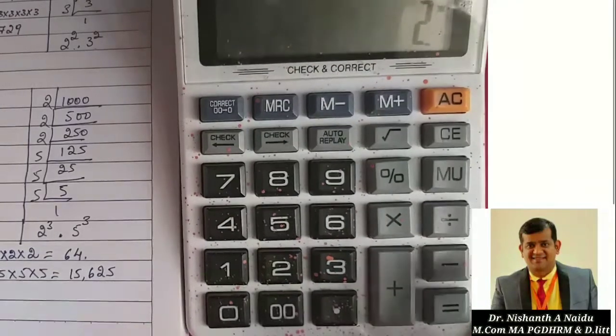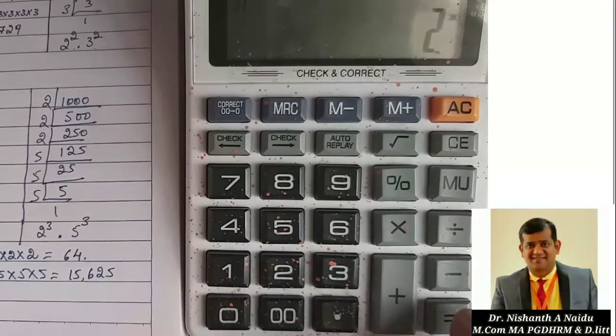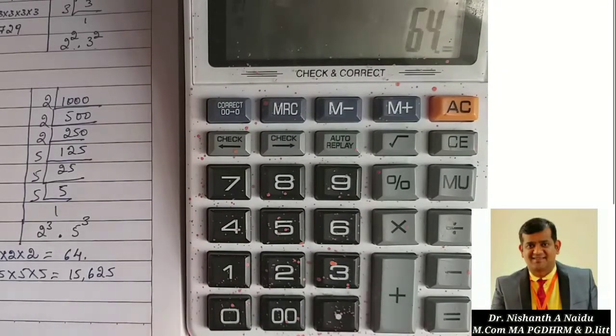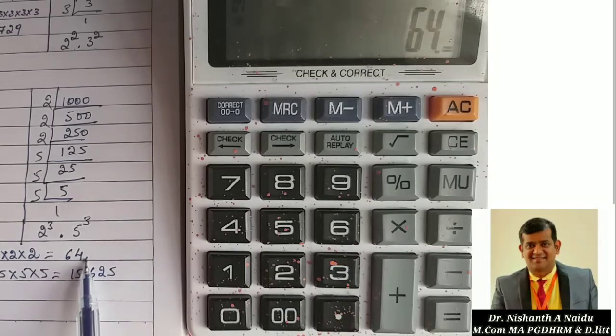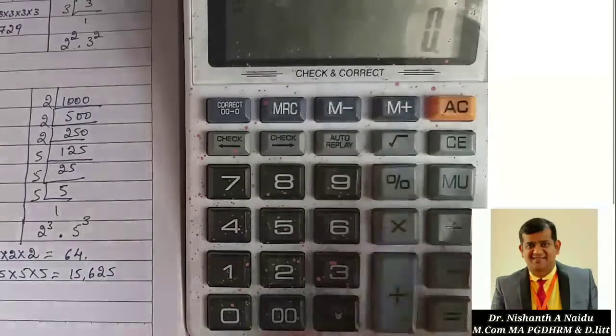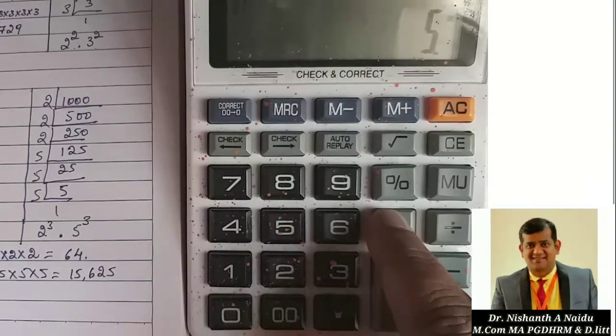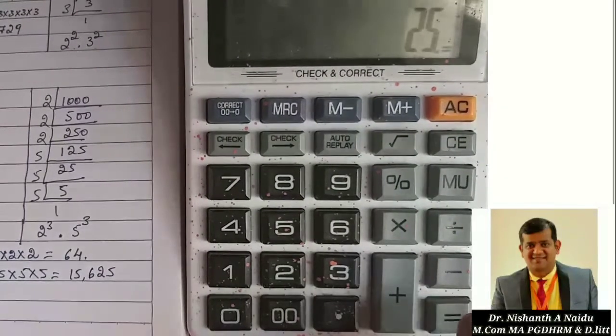Then you have to press equals 2, 3, 4, 5, 6. So you got 64 answer, correct? So again I'll show for 5. So that is 5, 1, 2, 3, 4, 5, 6.